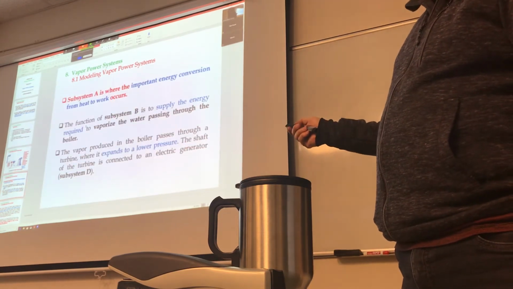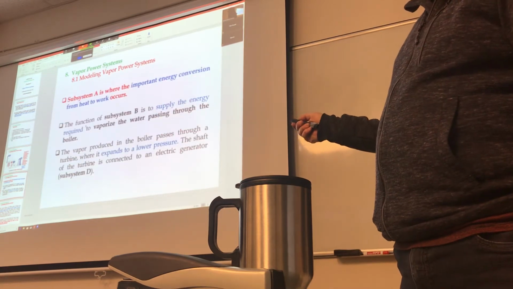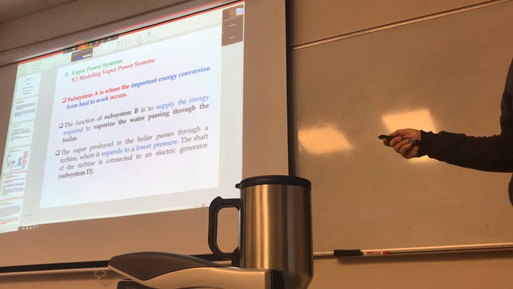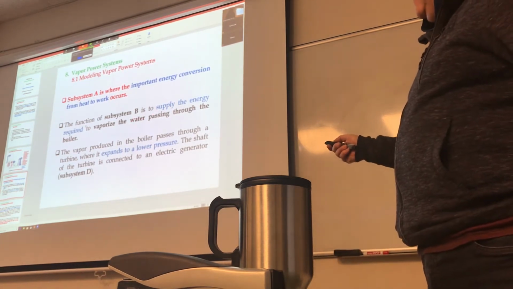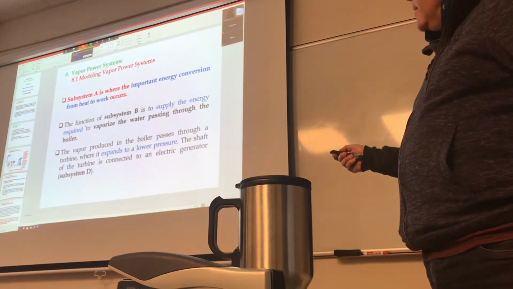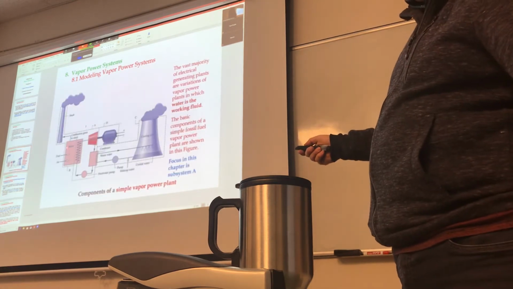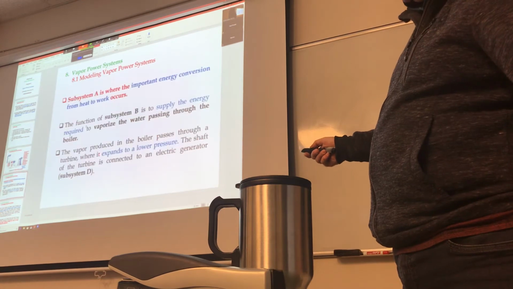So subsystem A, which is this one here, is where the important energy conversion from heat to work occurs. The function of subsystem B is to supply the energy required to vaporize the water passing through the boiler. Subsystem B, which is right here, is where you are vaporizing the water.